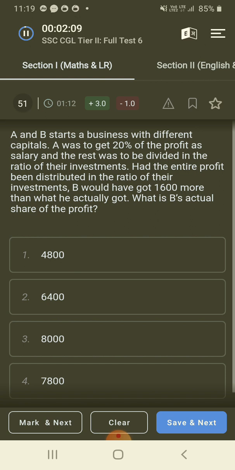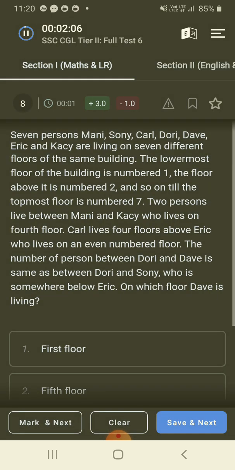We start a business. Seven friends live on different floors. Two persons are living between Money and KC. Money and KC, who is on the 4th floor.